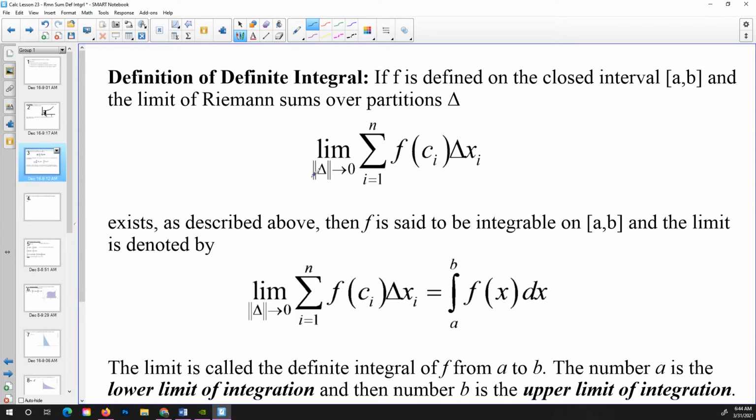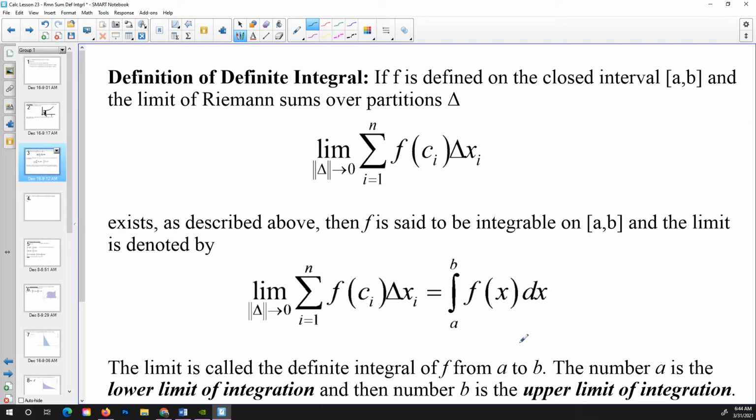But we want to let the widths fall to zero and the number of rectangles increase to infinity. When that happens, we can replace that with the notation of the definite integral. Remember that this value a we call the lower limit of integration, and this value b we label the upper limit of integration.